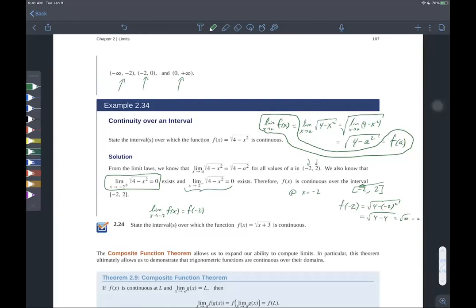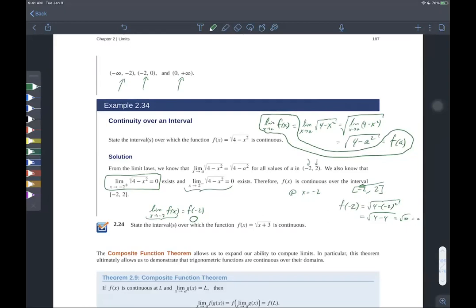Now, we know that the right-hand side of this equation here is 0. Well, what about the left-hand side of this equation? Well, we can say from the graph we saw that the limit is 0. This function is definitely defined when x is equal to -2.